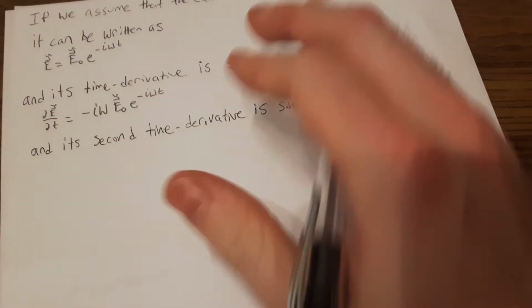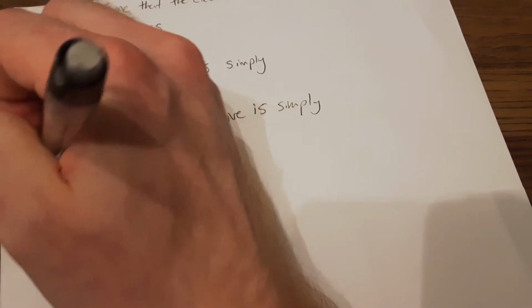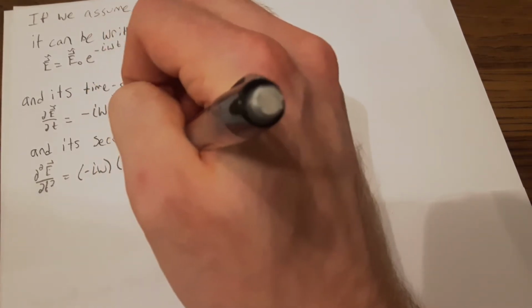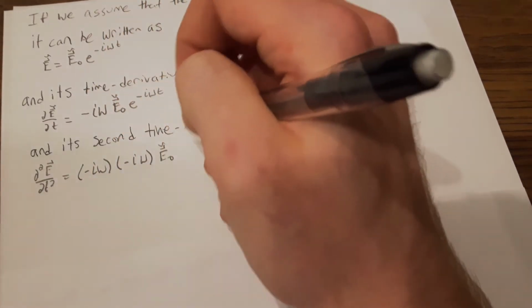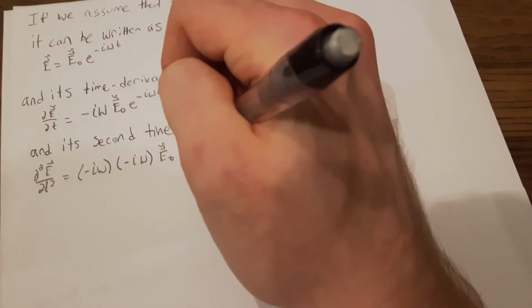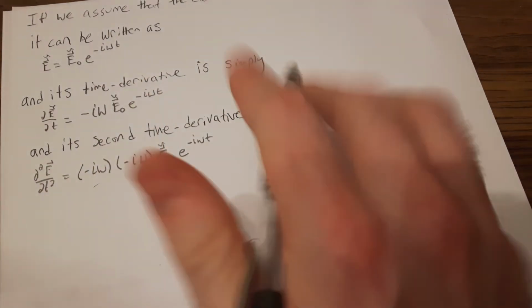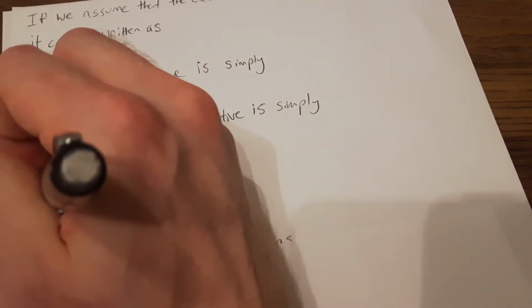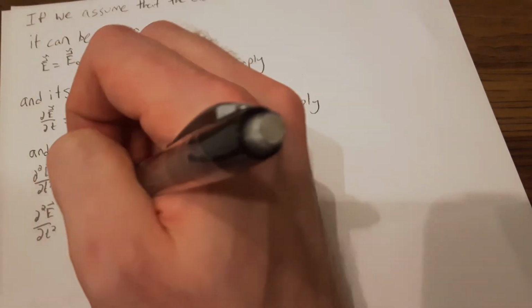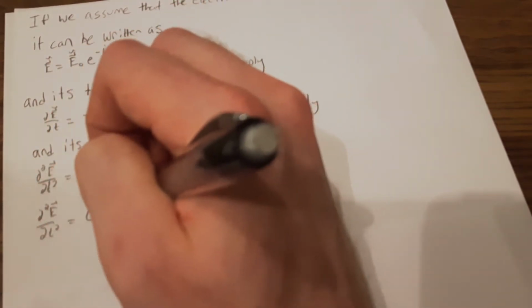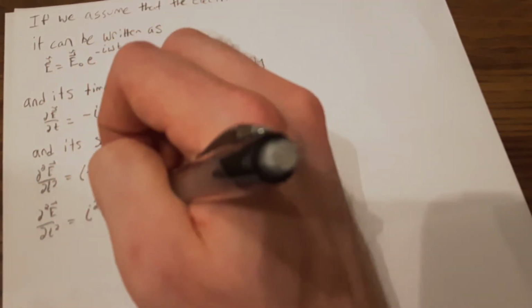Its second derivative can then be found as negative i omega times negative i omega times the complex amplitude times the exponential. We're going to multiply this out, and we're going to get i squared omega squared times the electric field.